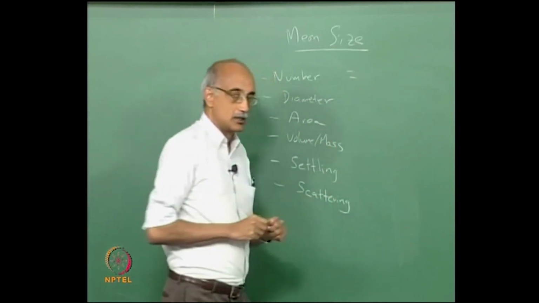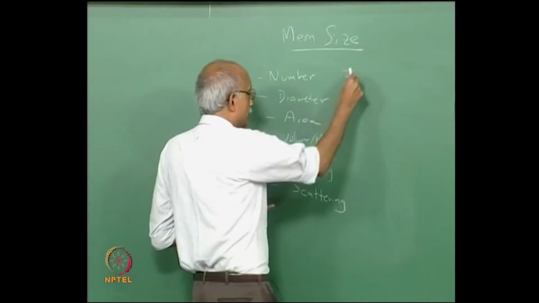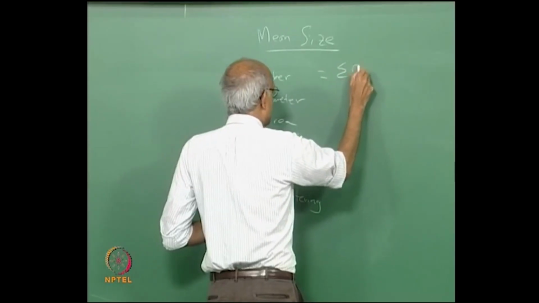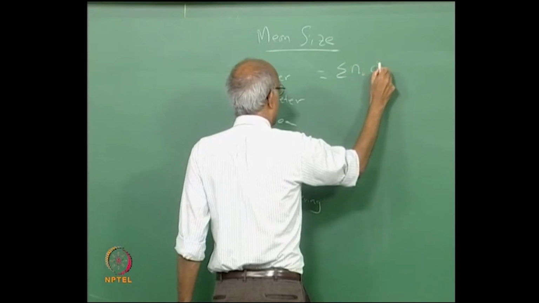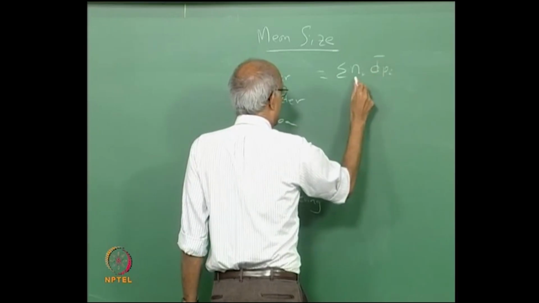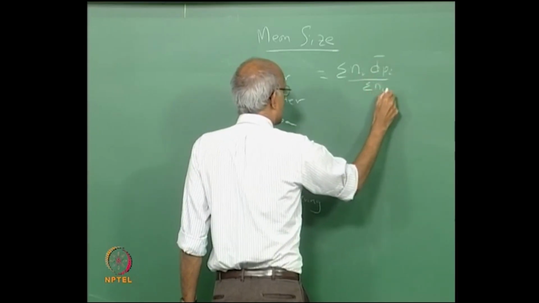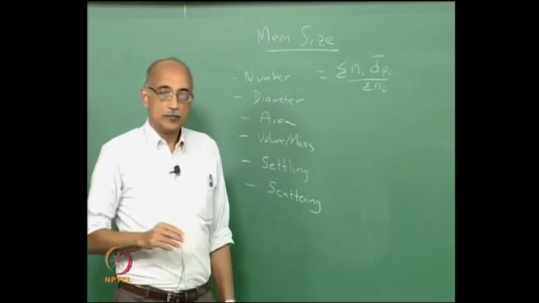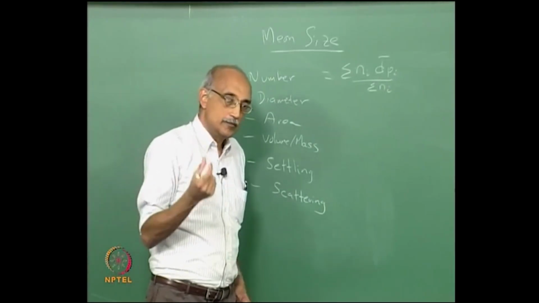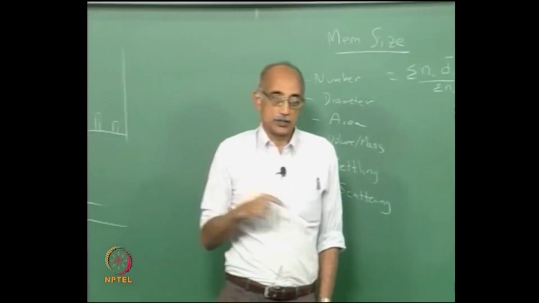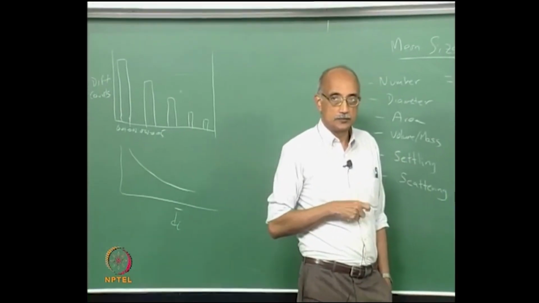So what is number mean? Well, very simply, you can write this as summation Ni dpi bar over summation Ni, where dpi bar is the mean diameter in each of those channels that we were describing earlier.